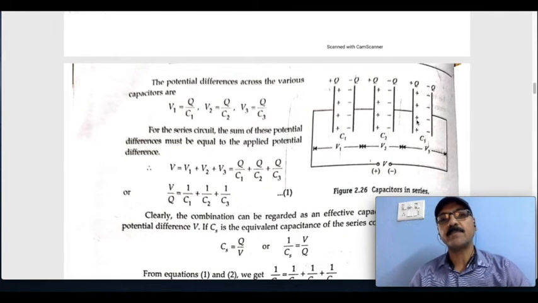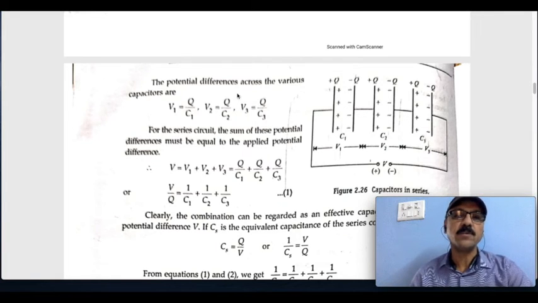In the series combination, the important point is that the charges are the same and the potentials are different. The first capacitor has potential V1, the second has V2, and the third has V3. As you know, Q is directly proportional to V, so Q equals CV, where Q is the charge, C is the capacitance and V is the potential.